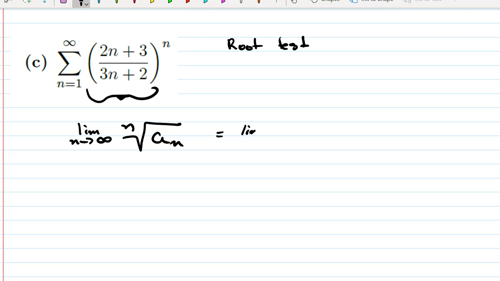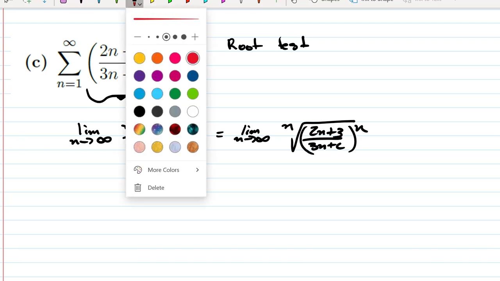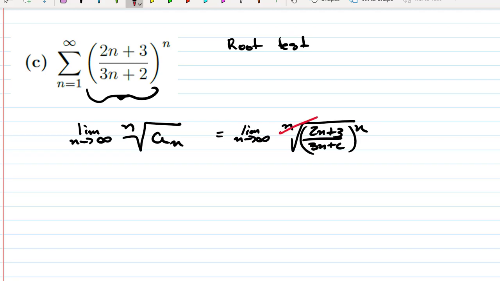So in this case, that's the limit as n goes to infinity of the nth root of (2n plus 3 over 3n plus 2) raised to the n. The nth root and the nth power here are inverses, so those reduce out. And we're left with the limit as n goes to infinity of 2n plus 3 over 3n plus 2.